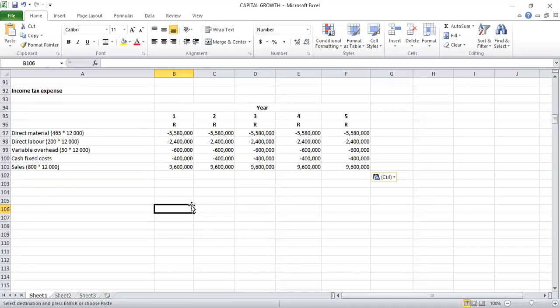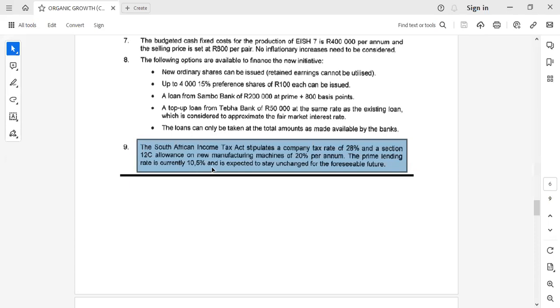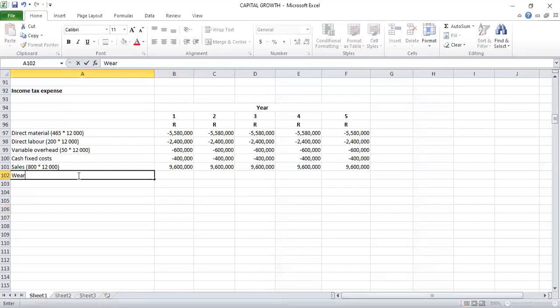The initial investment is not recognized as an expense in one year. It will come in as wear and tear. And for you to get that wear and tear, you have to understand how SARS treats the wear and tear. That's what we're given at the bottom here, the Section 12C allowance on the new manufacturing machine of 20% per annum. So there's 20% per annum wear and tear. So say wear and tear here. Wear and tear does not come into the main answer.